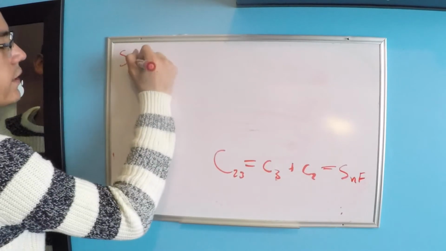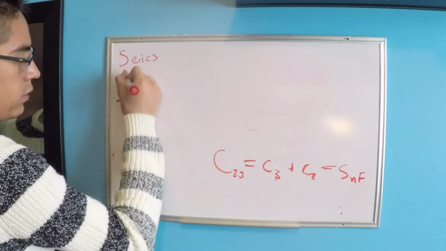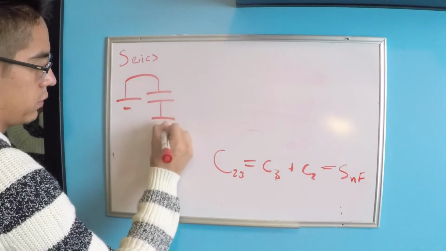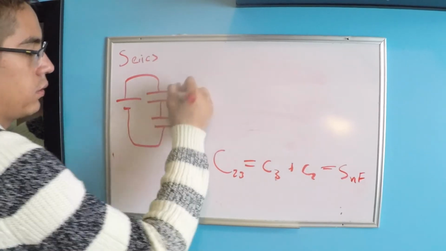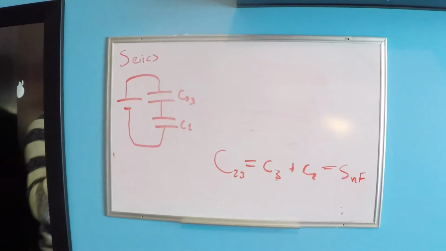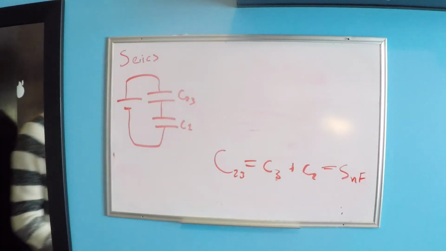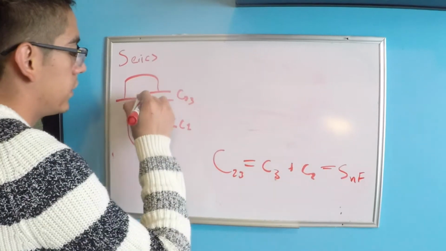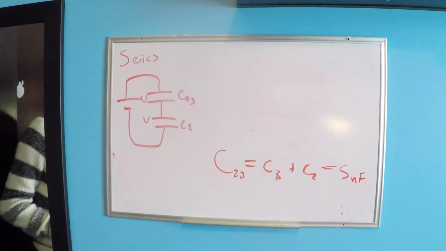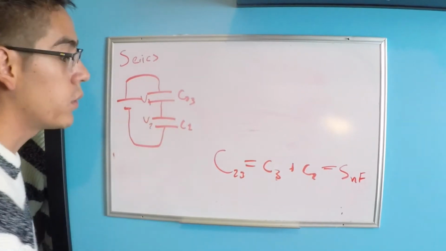And then we got the series. So we have the series capacitance. What happens with the series? We know that this voltage will not be the same. We got different voltages, so we got V1 and V2.